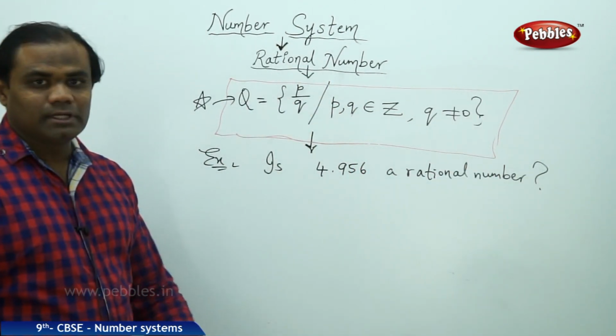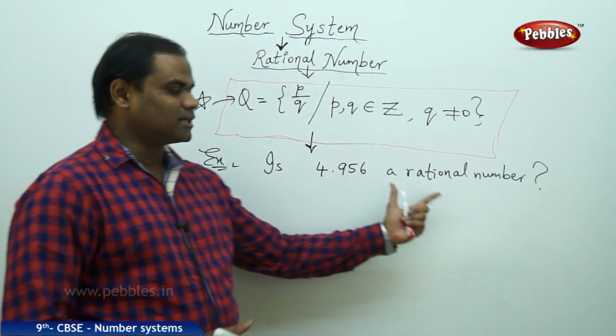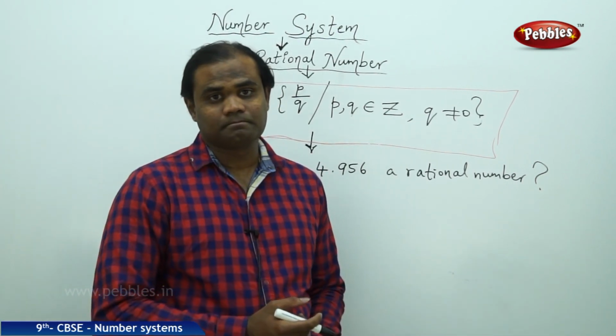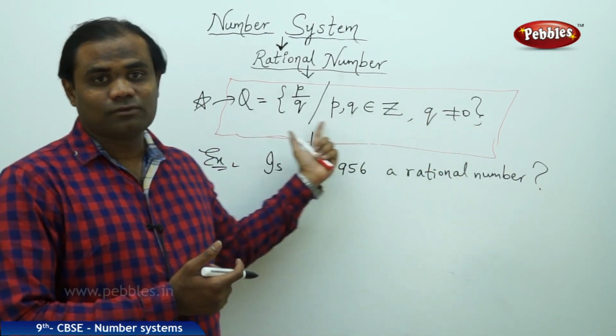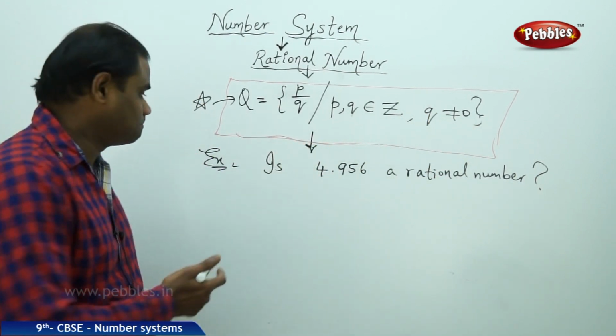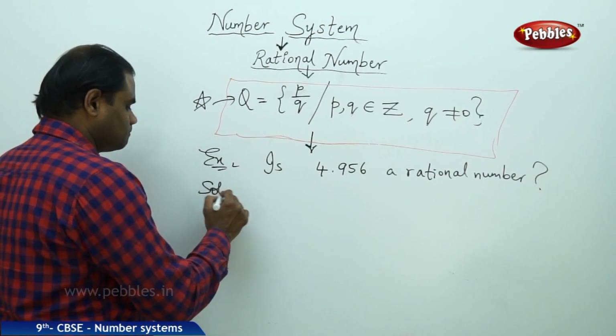So my question here is: is 4.956 a rational number? Let's try to see based on the two tests applied for this basic definition.